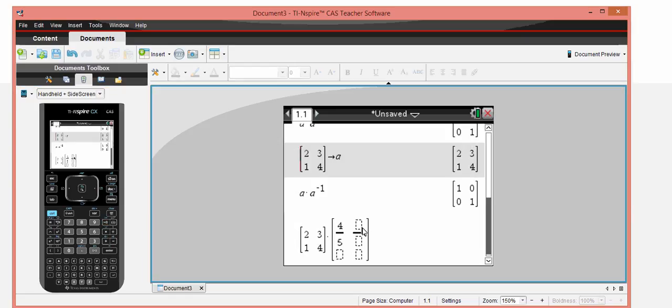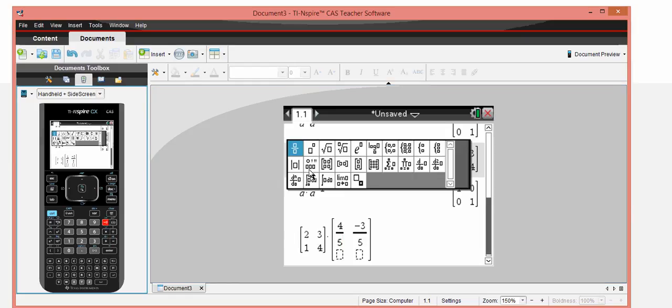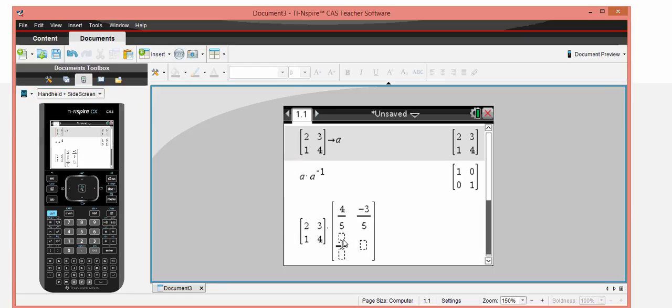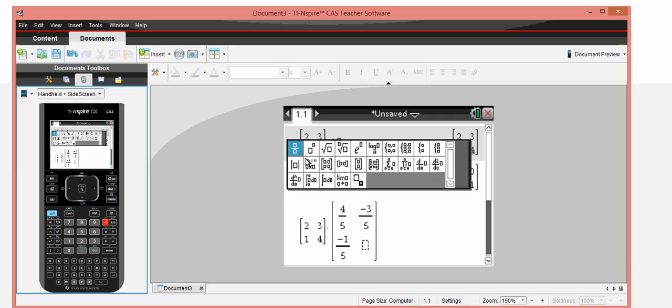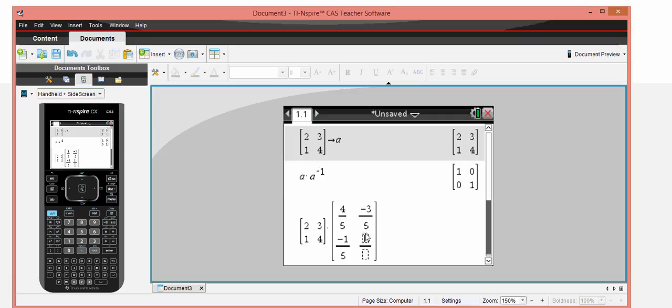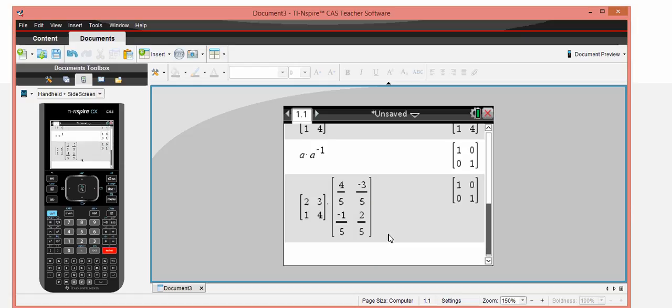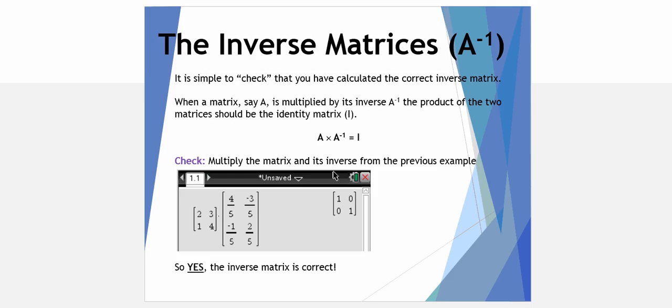The second value was -3 over 5, or -3 on 5. The next value was -1 on 5. And the final value was 2 on 5. And again, the product of the matrix and its inverse is the identity matrix, so this has been performed correctly.